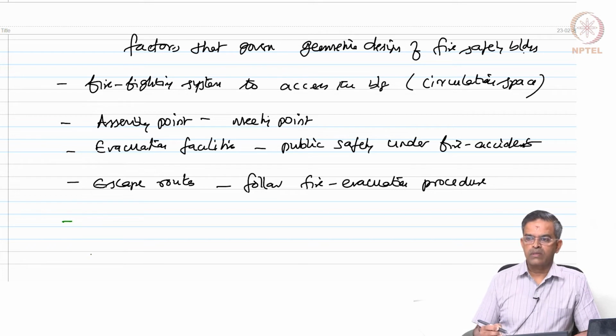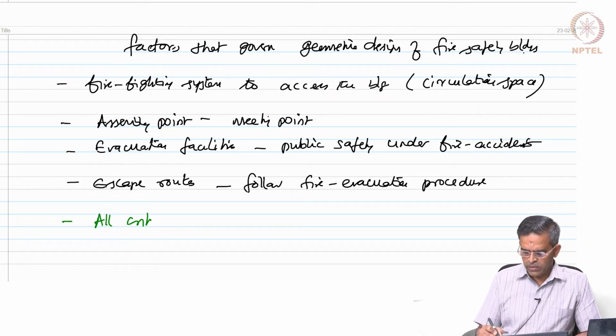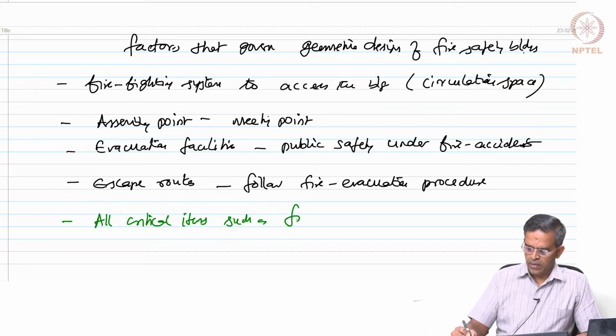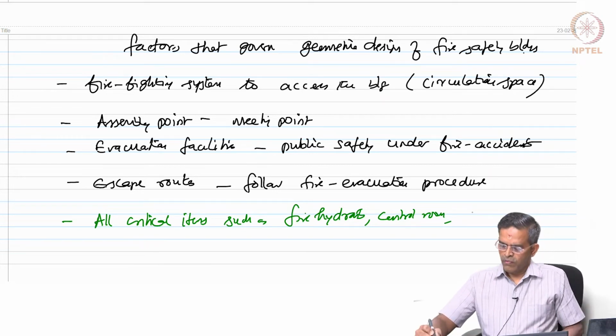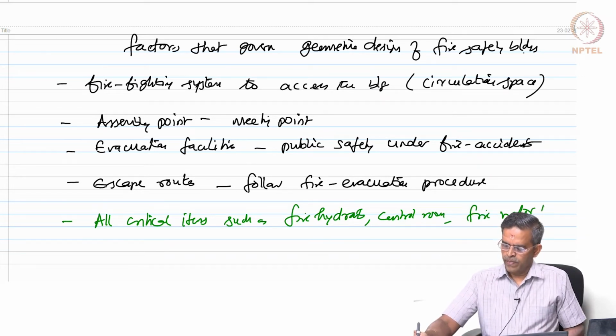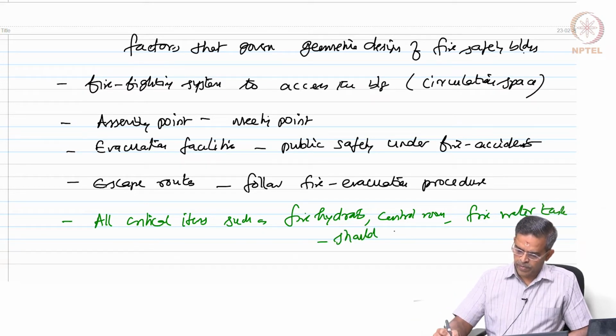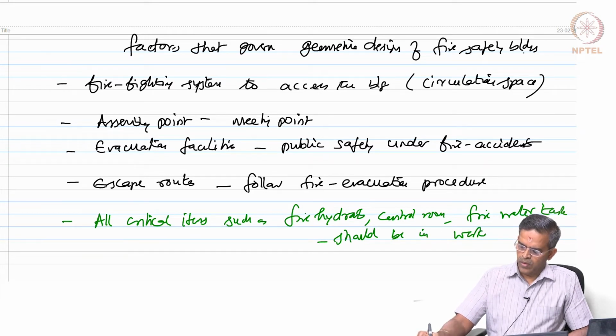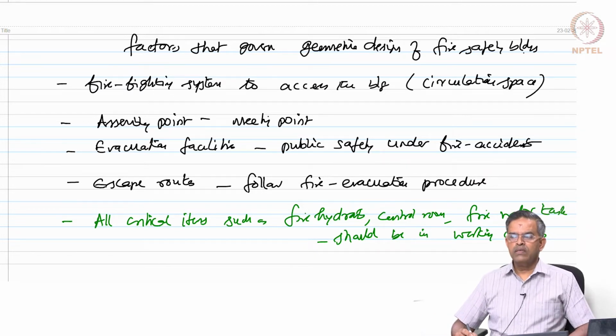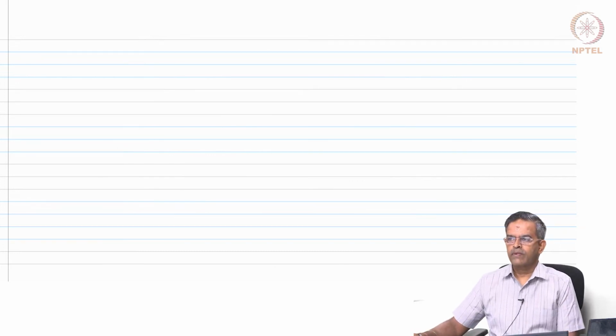Moreover, and most importantly, all critical items such as fire hydrants, control rooms, fire water tank should be in proper working condition. It should be frequently inspected and certified for its proper working. Okay.